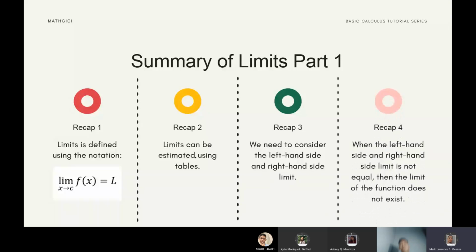Recap number four: when the left hand side and the right hand side limits are not equal, then the limit of the function does not exist. We had an example earlier on the graph. Our left hand side and right hand side are not equal, so the limit of the function does not exist because we cannot estimate its value. So that's all.